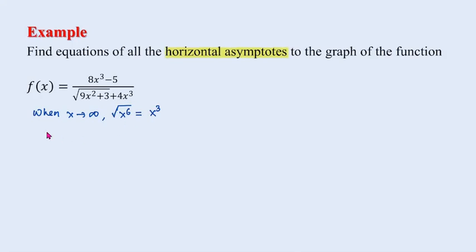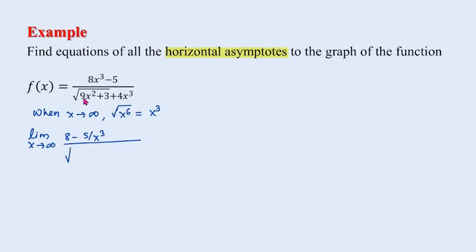So the meaning of that is we are getting this limit as x approaches infinity. When you divide this by x cubed, that is 8 minus 5 over x cubed. And in the denominator, inside the square root, we divide by x to the 6.